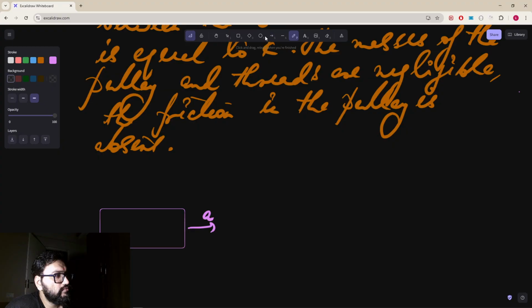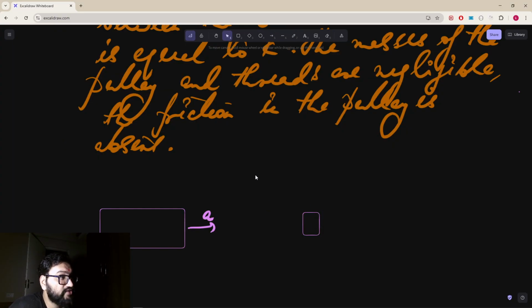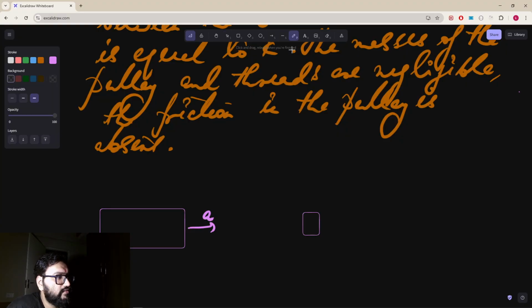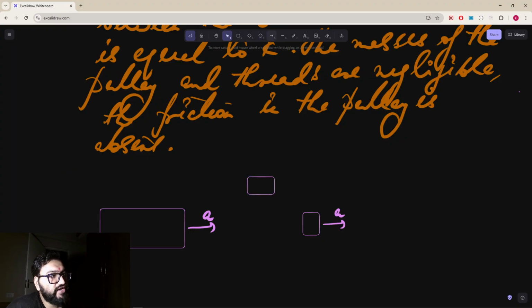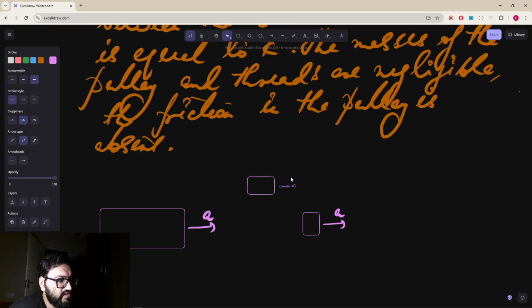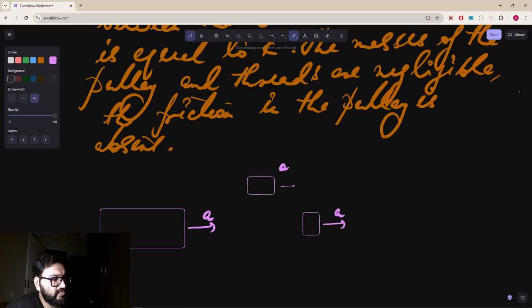The body 2 will also be moving in the rightward direction only with an acceleration of a, and the body 1, that is here, will also be moving in the rightward direction only with acceleration a, because these bodies, body 1 and body 2, are at rest with respect to body A.